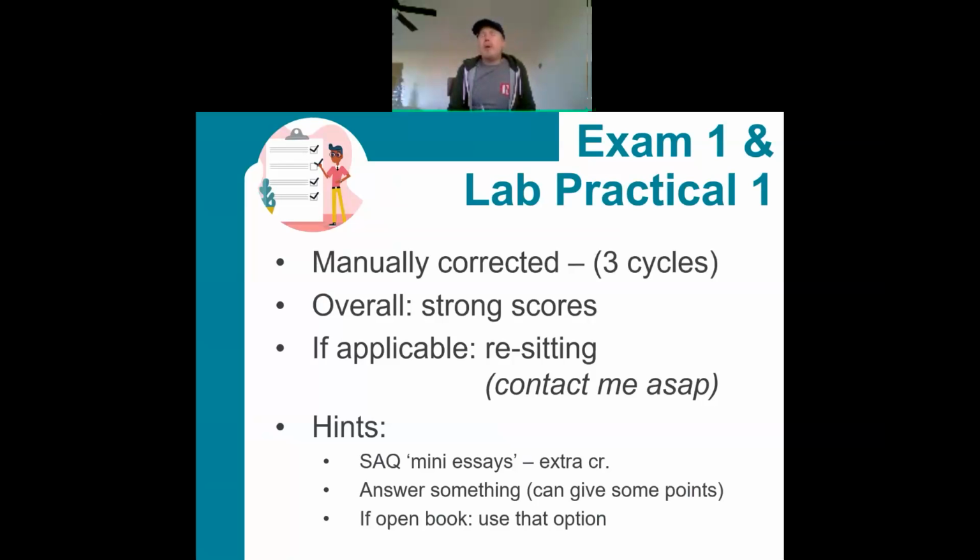For exam one, the last cycle should be finished today or tonight, so I'll make an announcement that they're ready. If you don't see comments or your grade having changed, I have not covered it yet for the lab practical one, but with most students I have.